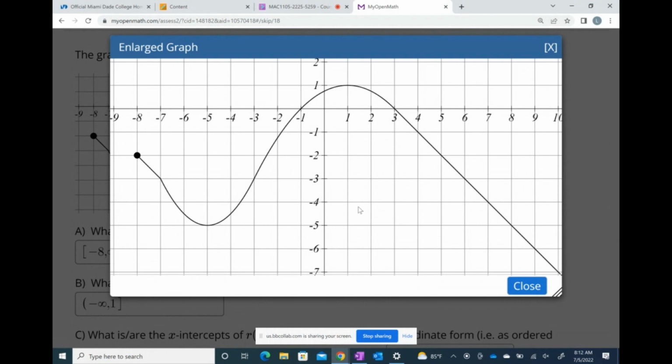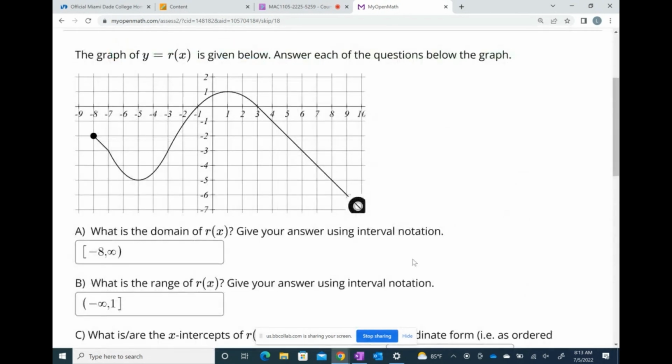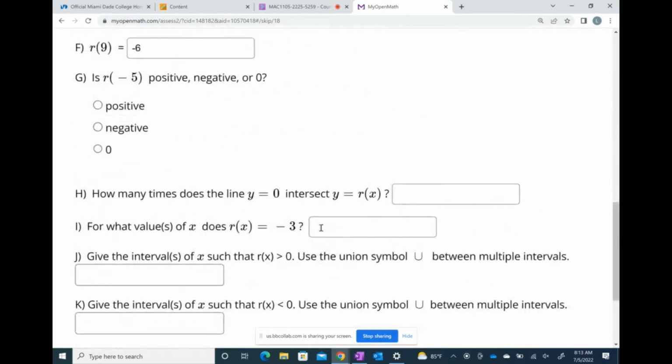Or maybe at the x-axis, okay? Remember, below the x-axis, you have negative y's, above you have positive y's. So in this case, R of -5 is down here, so it's negative. You understand this?